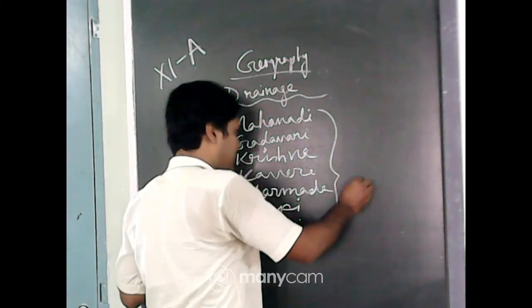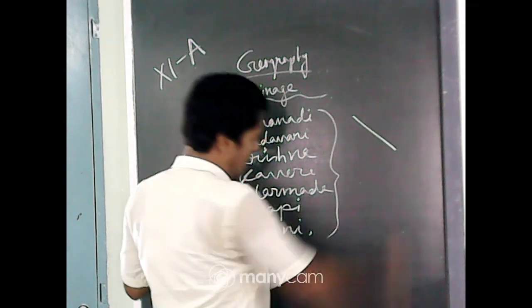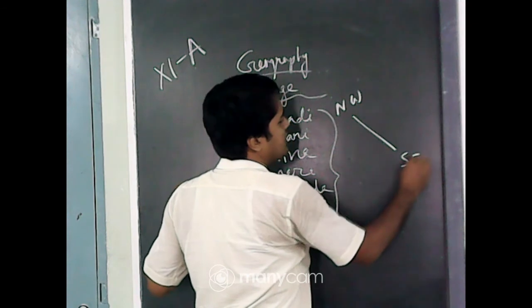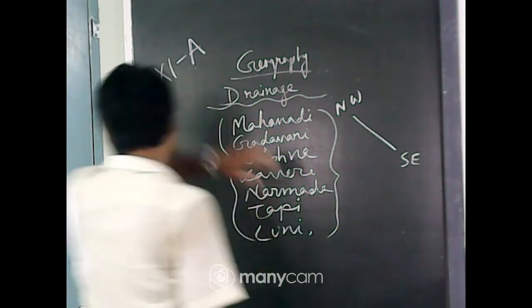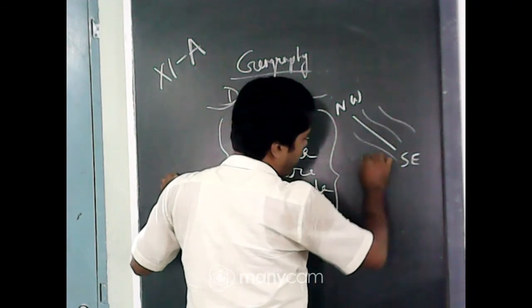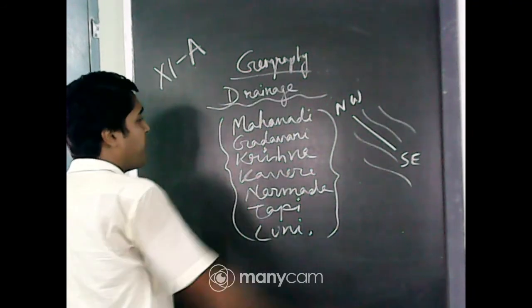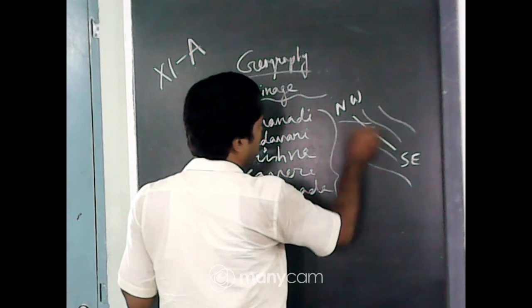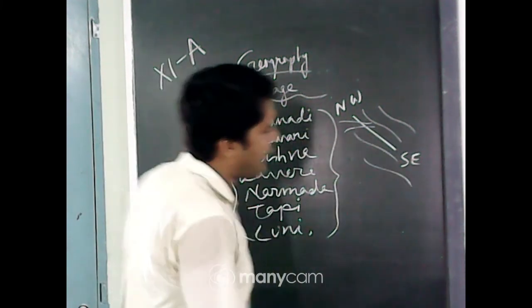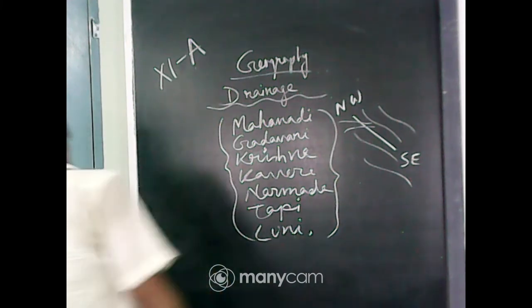India's southern portion slightly tilts from northwest to southeast. That's why most rivers flow into the Bay of Bengal. Very few rivers like Narmada and Tapi flow westward because these two rivers flow along a crack or fault line.